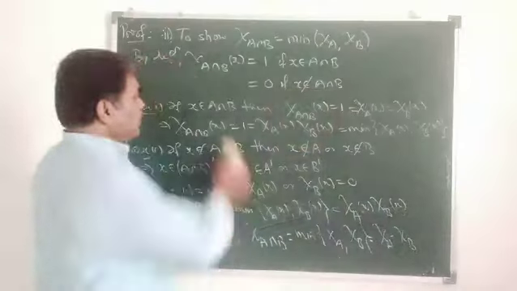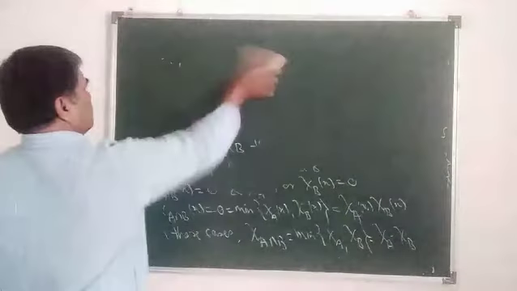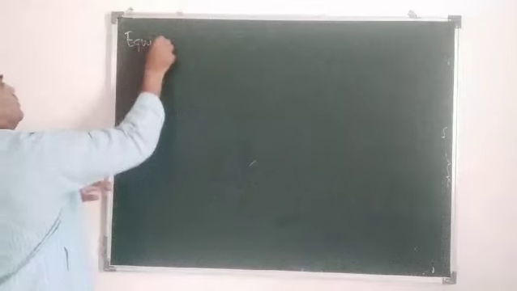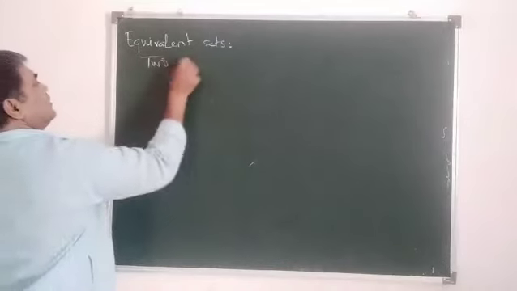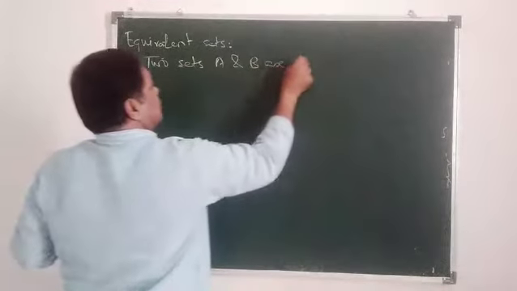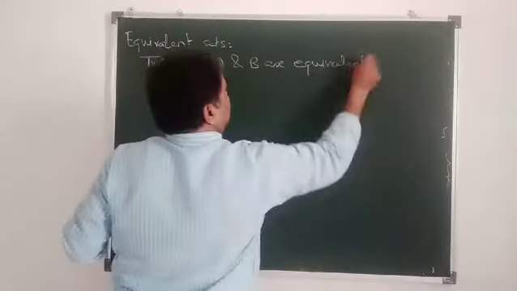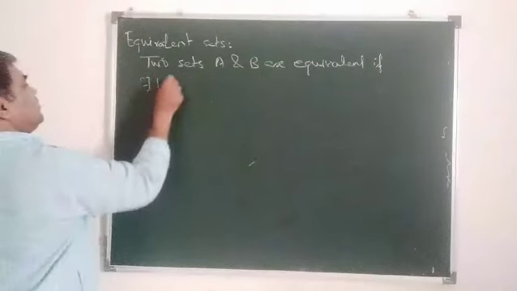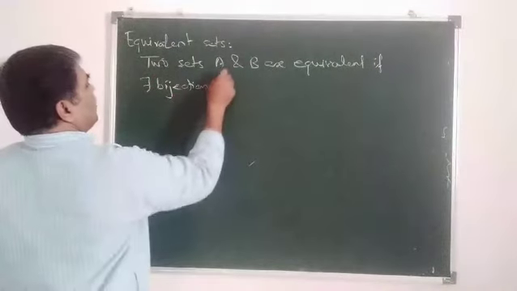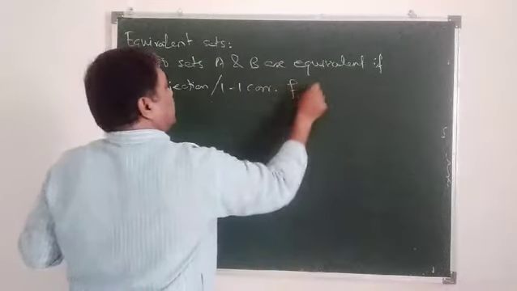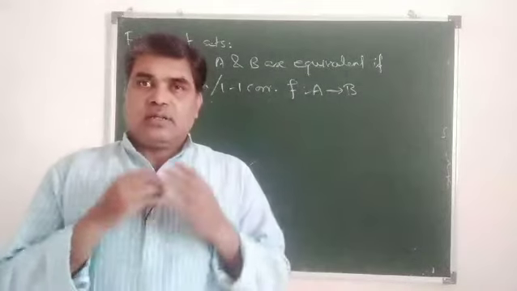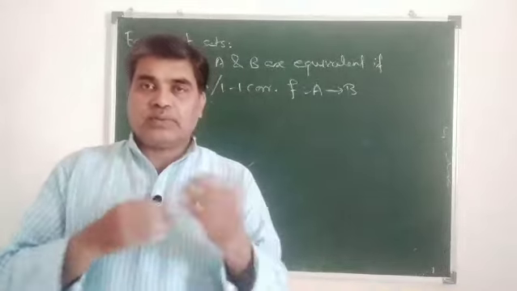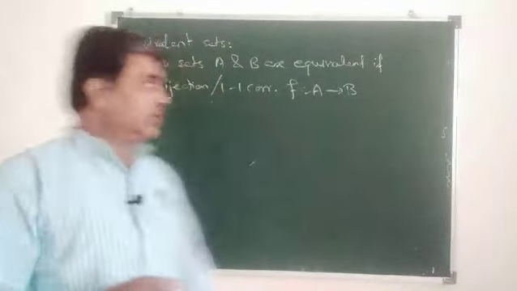Now, we'll talk about equivalent sets. Two sets A and B are equivalent if there exists a bijective function, bijection or 1-1 correspondence f from A to B. If between two sets there is some bijective function or 1-1 correspondence, then we say the two sets are equivalent sets.